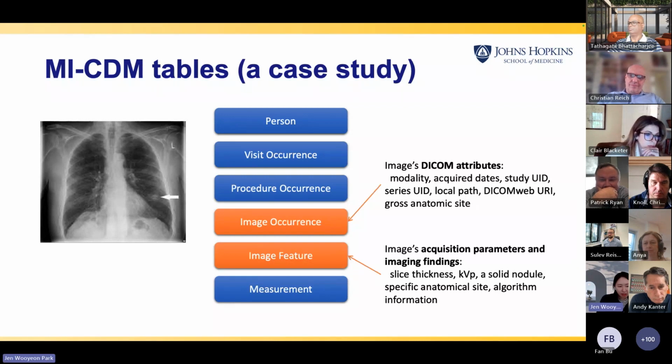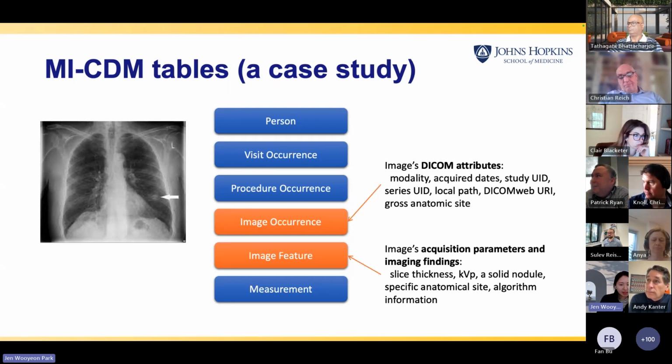With the imaging extension model, we'll add another row at the DICOM series level in the image occurrence table, holding information about the modality, which is CT, acquisition dates, the study and series unique identifiers from DICOM, the local path of where this file is stored, or the DICOMweb URI if it is used, and the anatomical site for this image, which is chest.